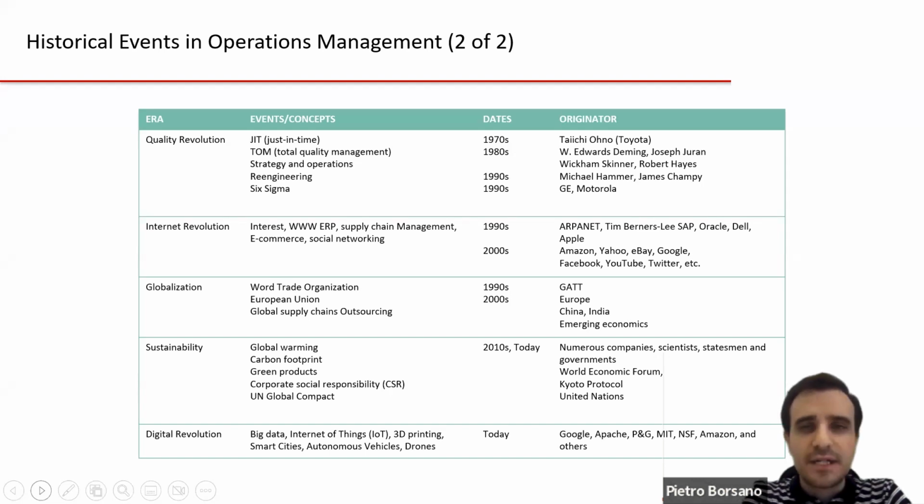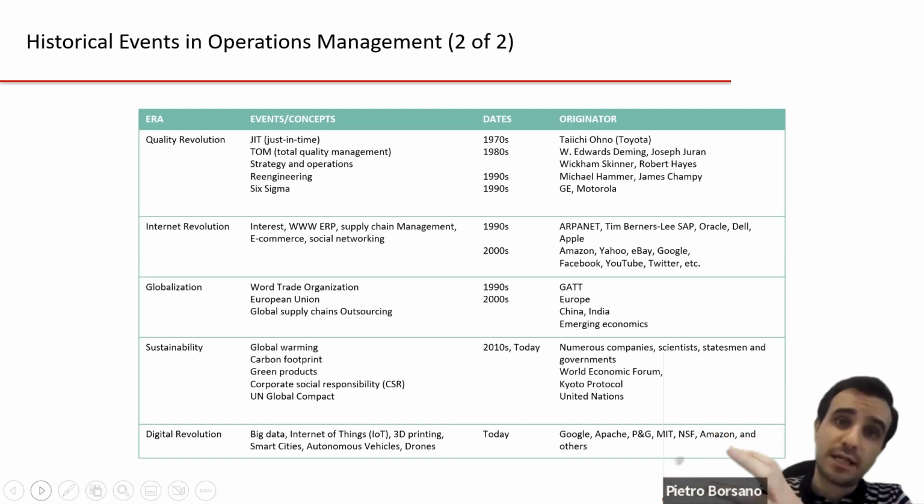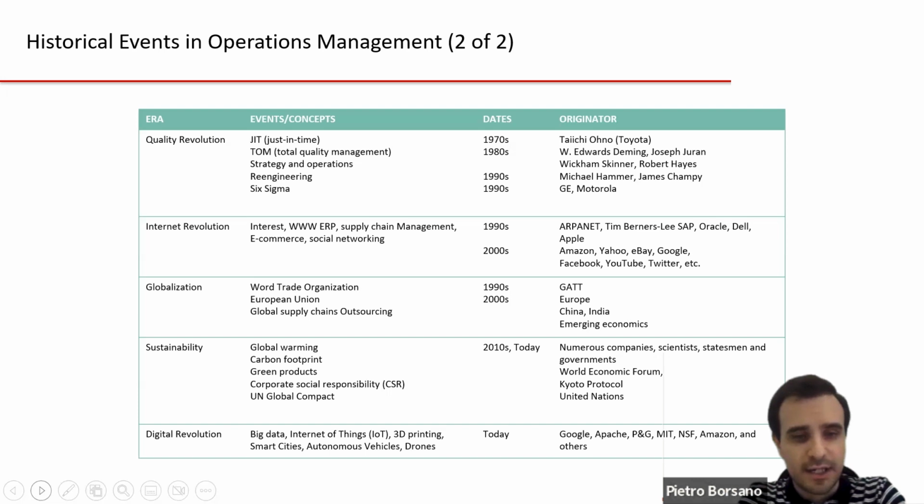I'm going to touch on this in a moment, but I wanted to give you an example of a quality revolution from Japan, in how these concepts were not just based on the context of Japan, but could be applied in other contexts as well.